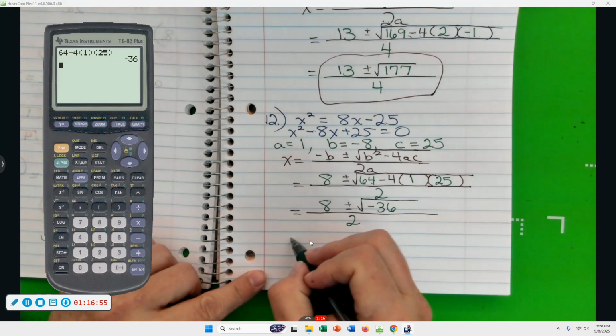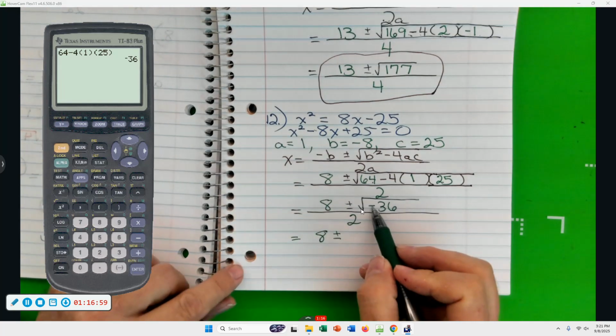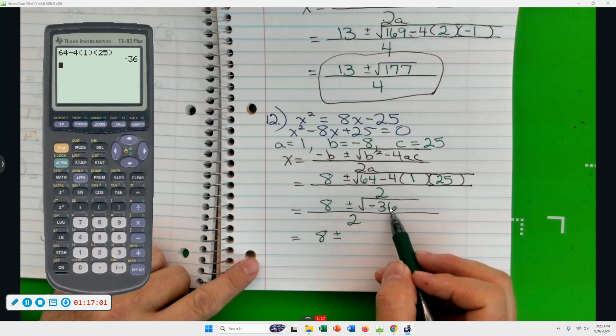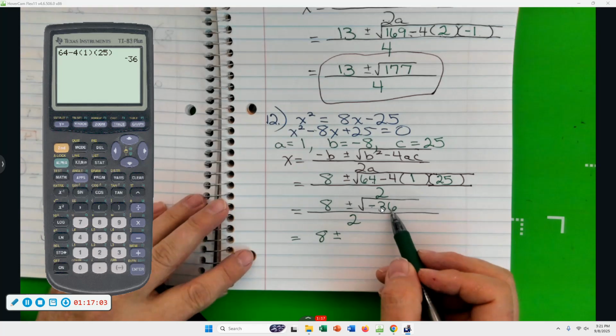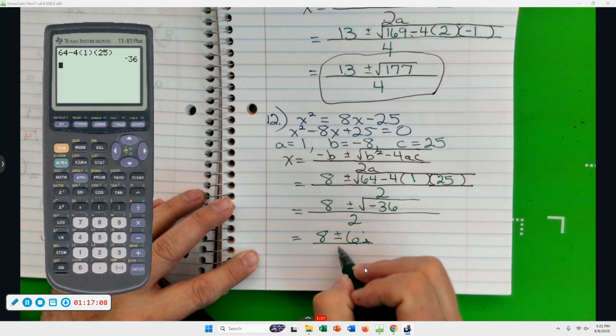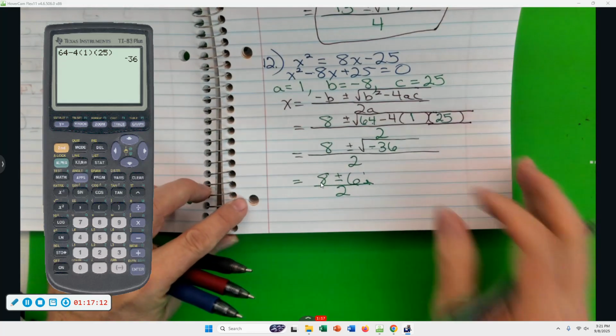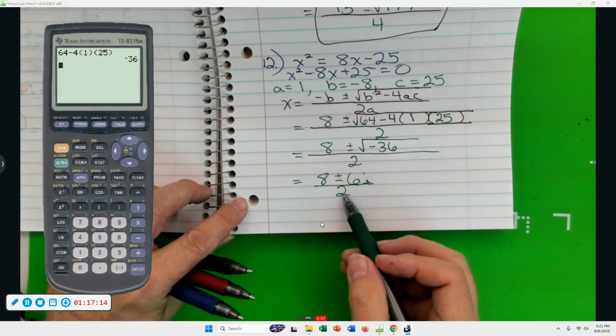So you're going to have 8 plus or minus, because of that negative, an i. This is really nice, though. The square root of 36 is 6. So we'll write it as 8 plus or minus 6i over 2.